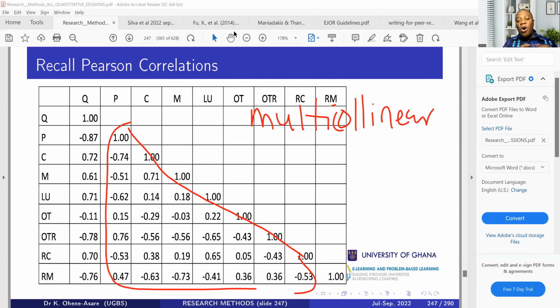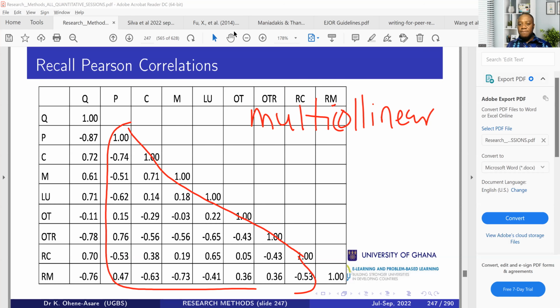Multicollinear variables are independent variables that are so highly correlated that it becomes difficult to disentangle the partial effect of one from the other on the dependent variable. Now, who can tell me all the 3 pairs of multicollinear variables we selected the last time? Okay, Michael, tell us all the 3 pairs.